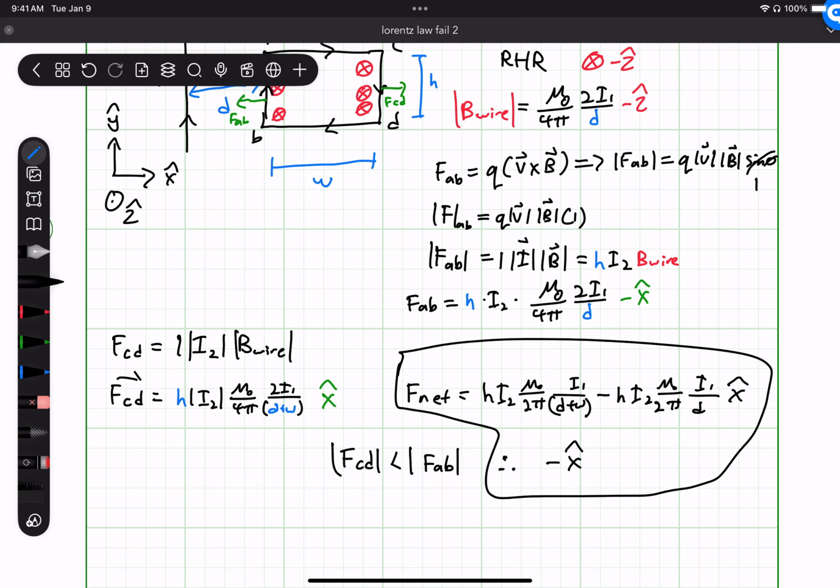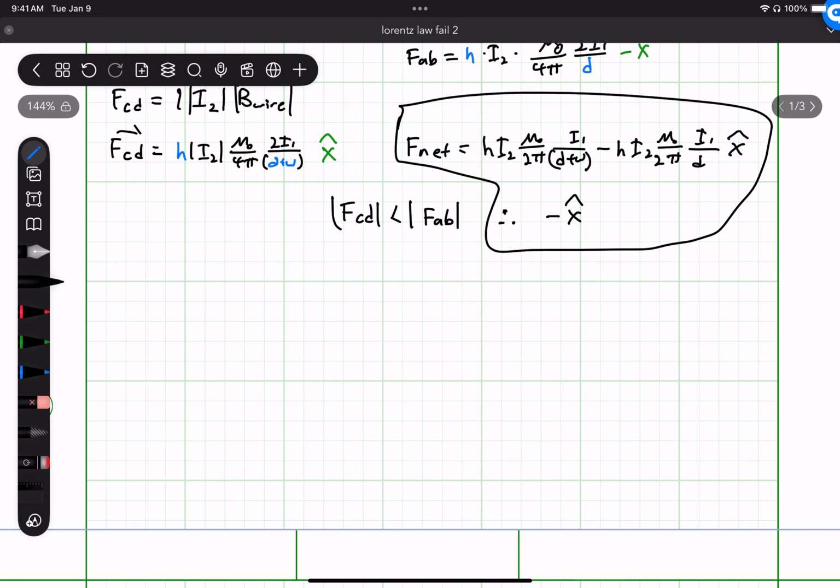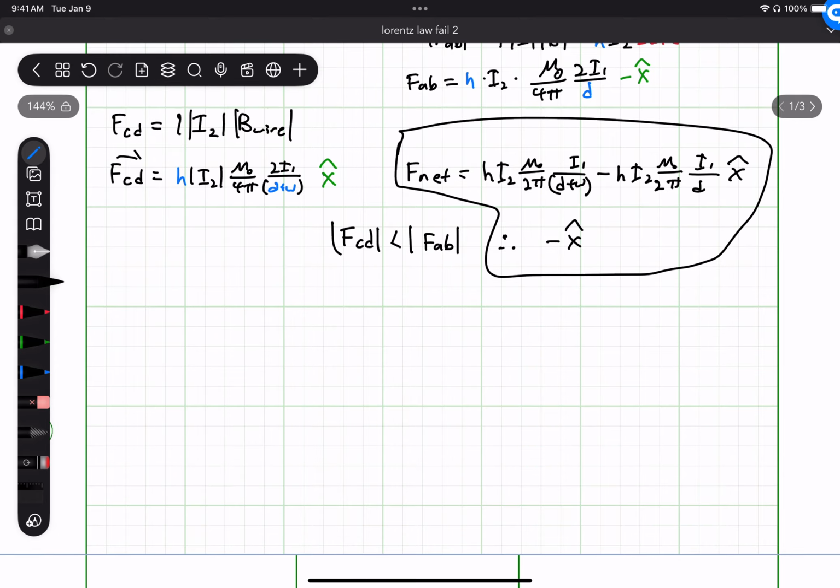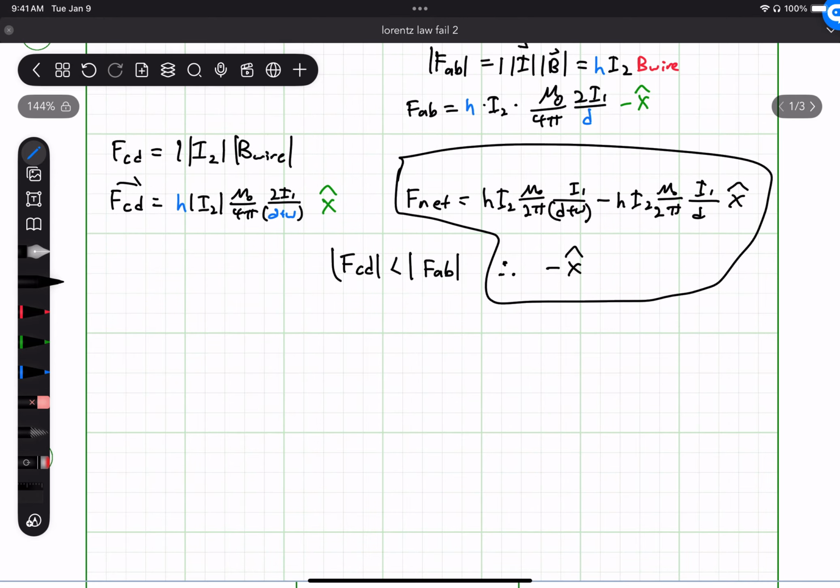Okay. Now, some of you might be a little confused, so first let's discuss the transformation of q times the velocity cross B and changing it into the length times the current cross B still.